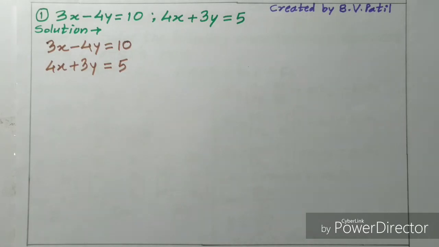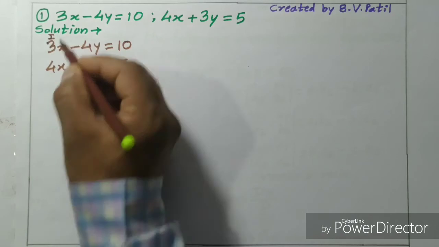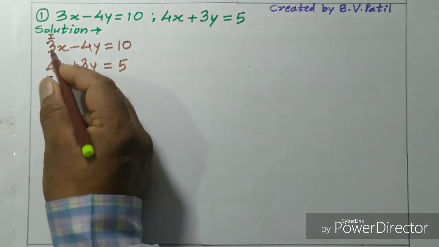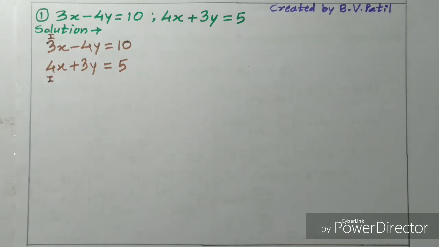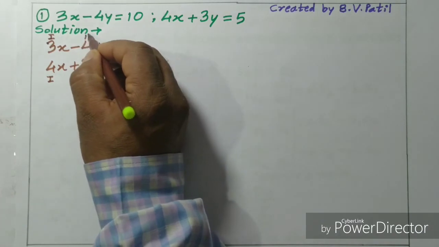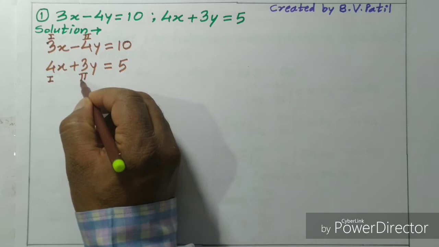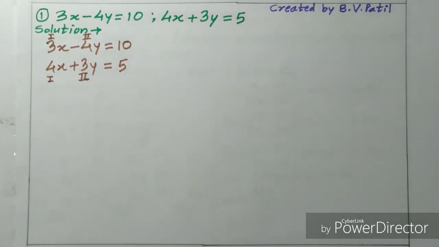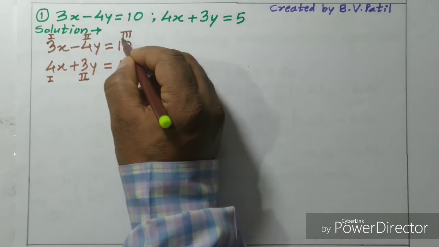Which are the coefficients of x? 3 and 4 are the coefficients of x, denoted by Roman number 1. Which are the coefficients of y? Minus 4 and plus 3 are the coefficients of y, denoted by Roman number 2. Which are the constants? 10 and 5 are the constants, denoted by Roman number 3.